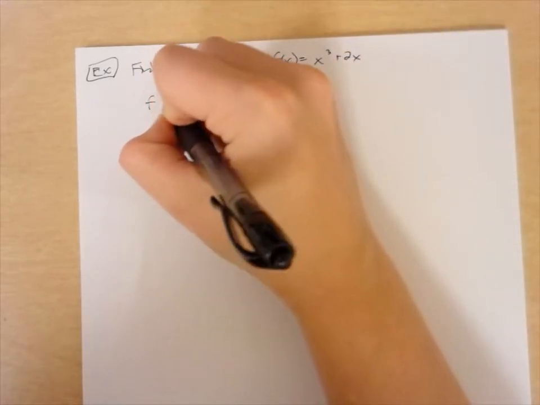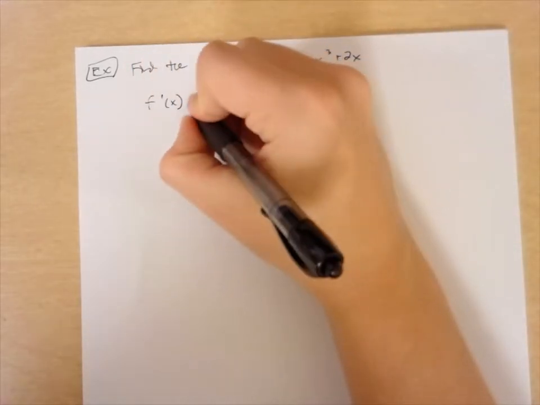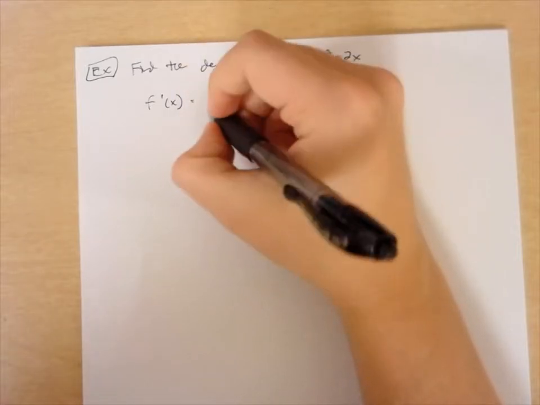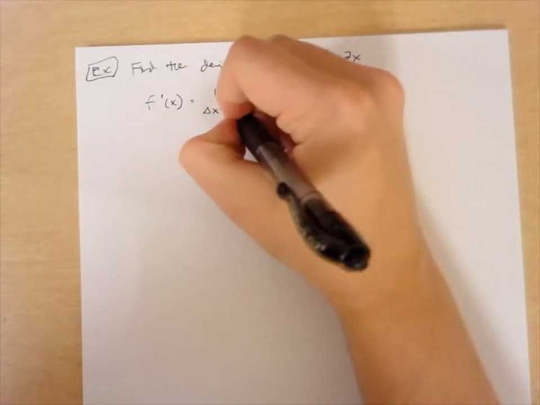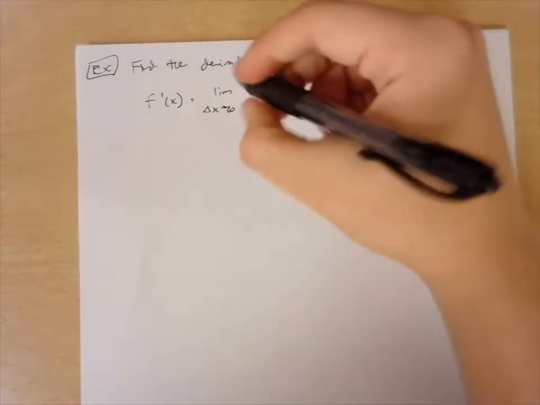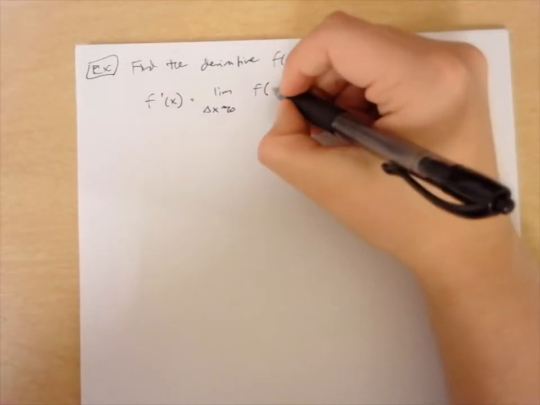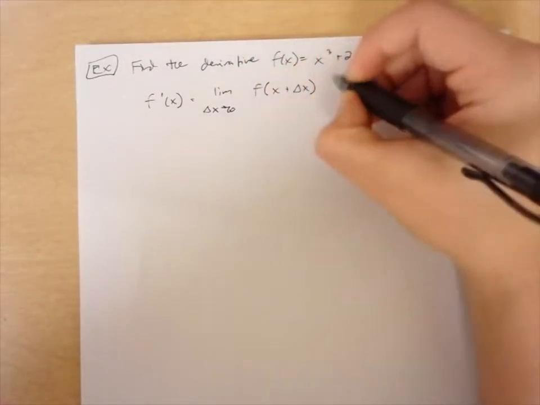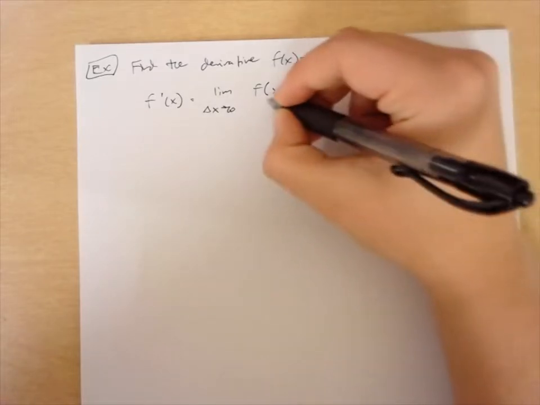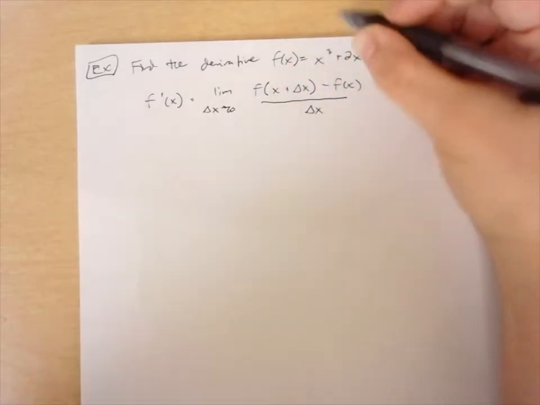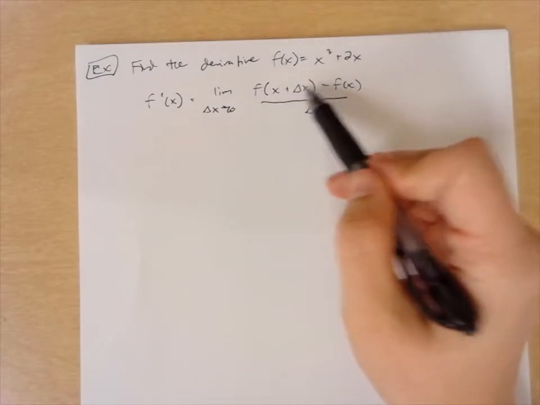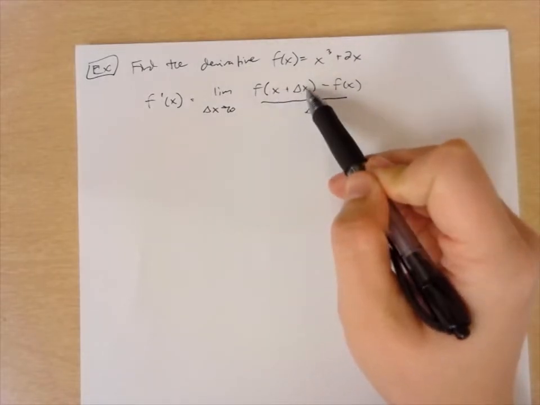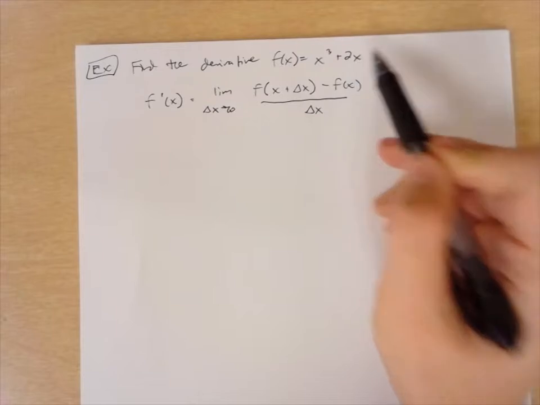With our notation, f prime of x equals the limit as change in x approaches 0 of our classic rate of change function, f of x plus change of x minus f of x all over change of x. And remember, we're substituting in this piece, x plus change of x, for all of our x's in our function.